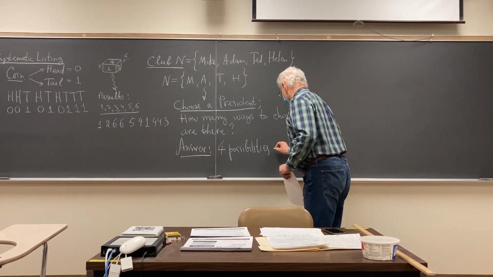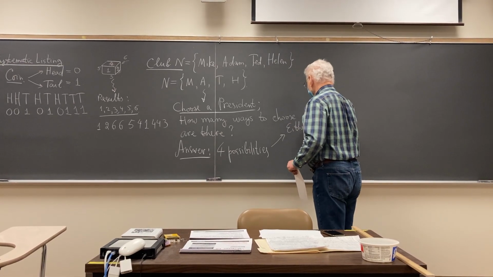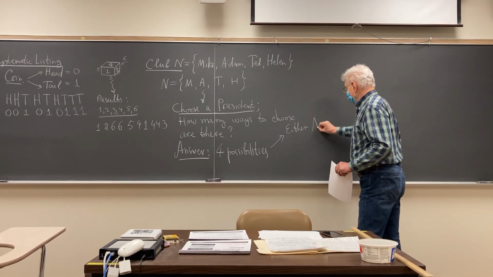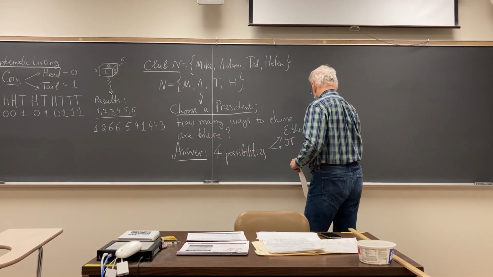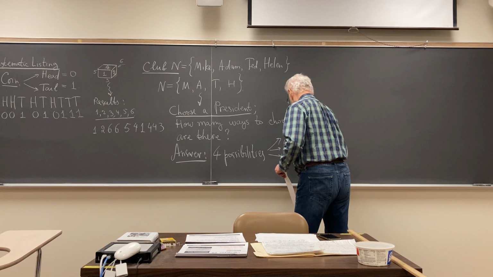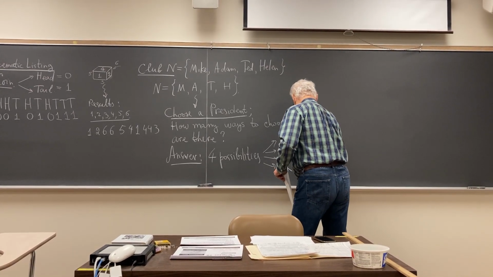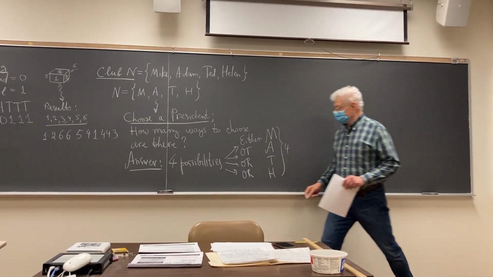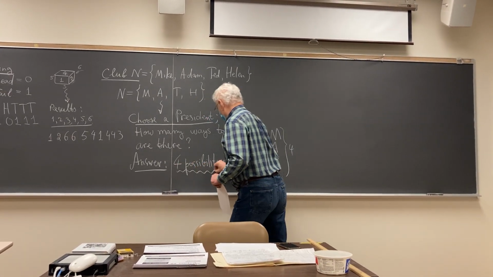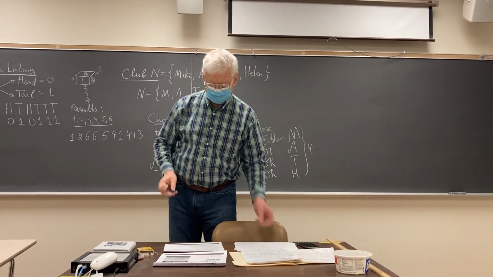Namely, either M, or A, or T, or H. Then you see there are 4 of them. That one is simple. 4 possibilities, 4 outcomes.